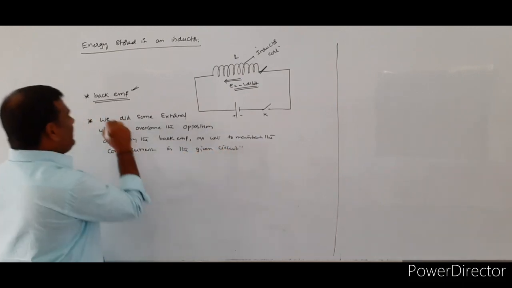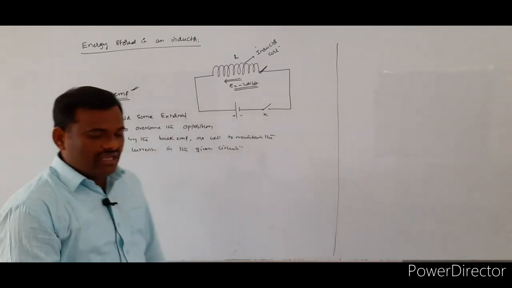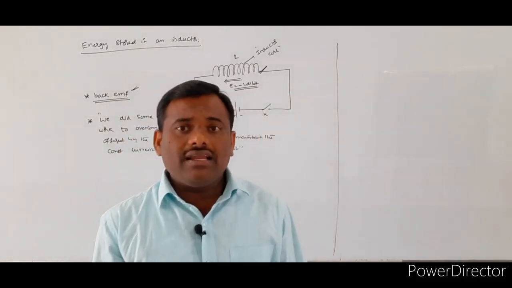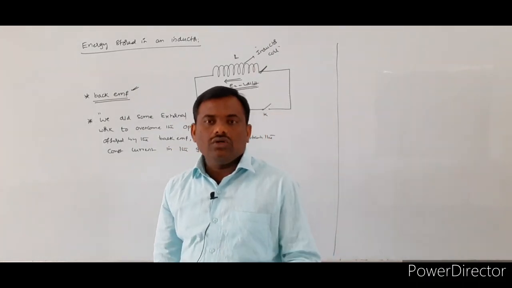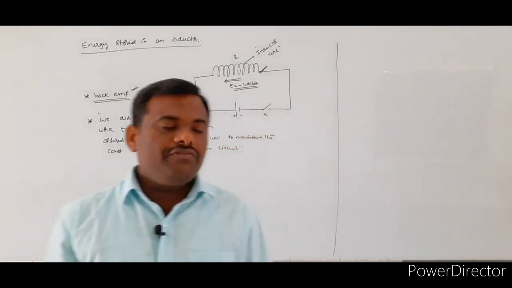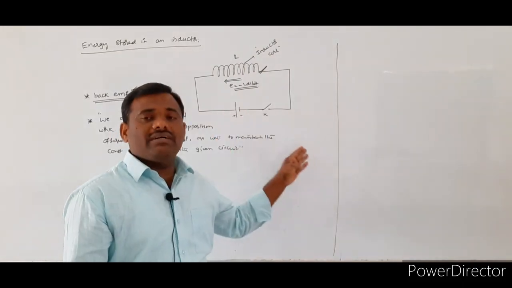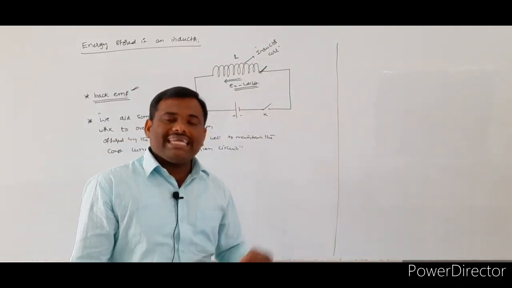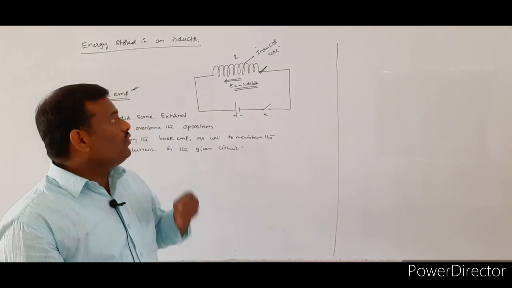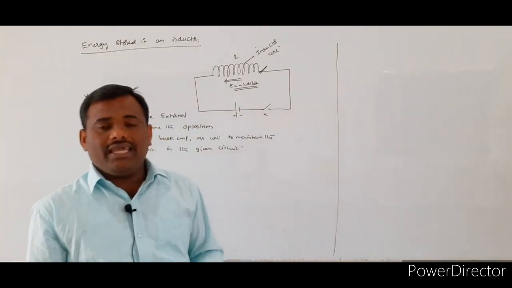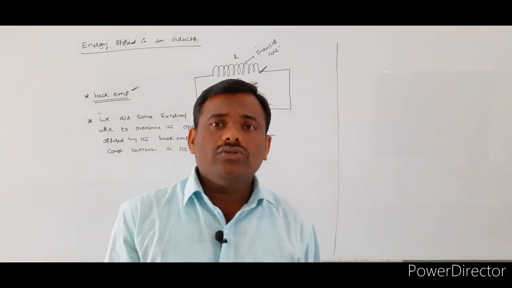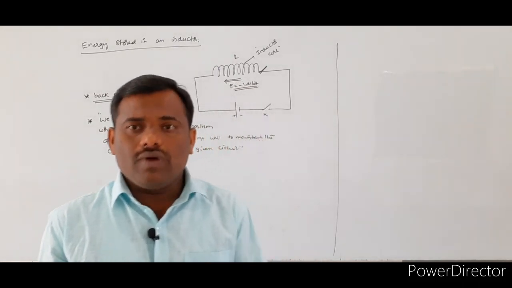So what is the need of this external work? The need is to overcome the opposition offered by the back EMF, and by overcoming that opposition, to maintain the constant current. We have to do some external work.